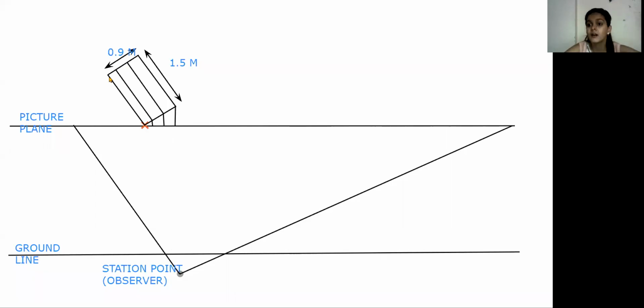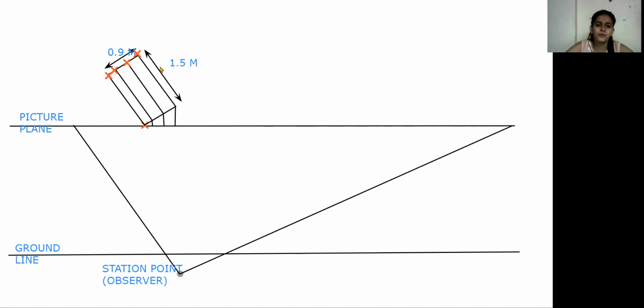Which 4 points? The upper side 4 points of the plan. This, and this. Now again join these points to the station point. You can use a dotted line for this to differentiate the lower 4 lines and upper 4 lines. Otherwise you can use a solid line at the same time.